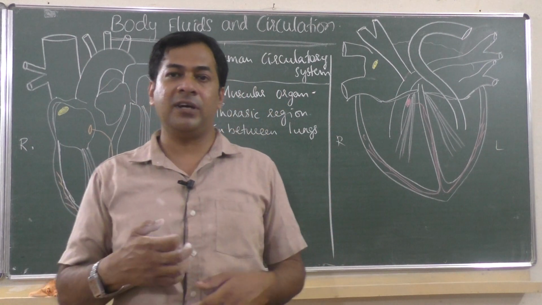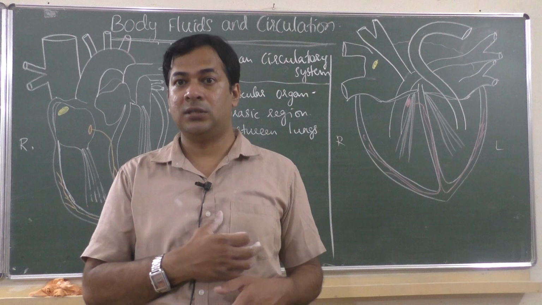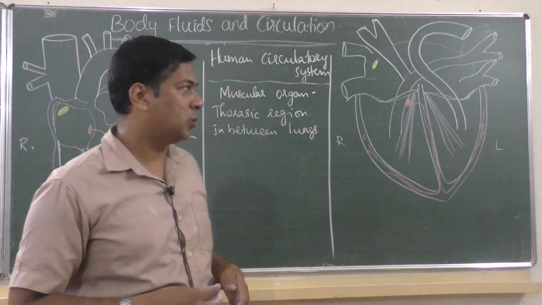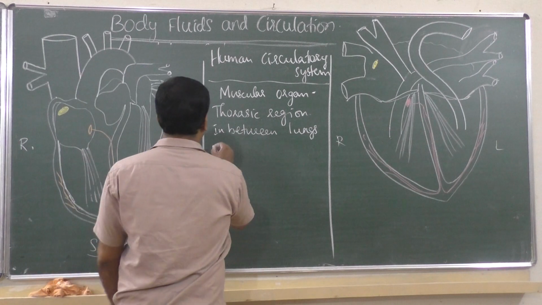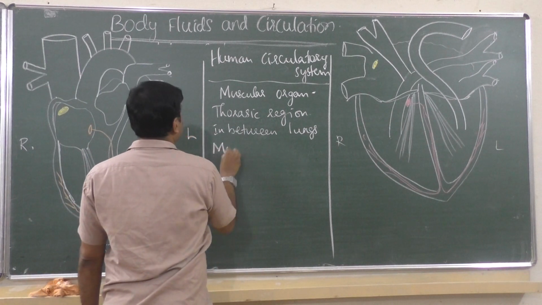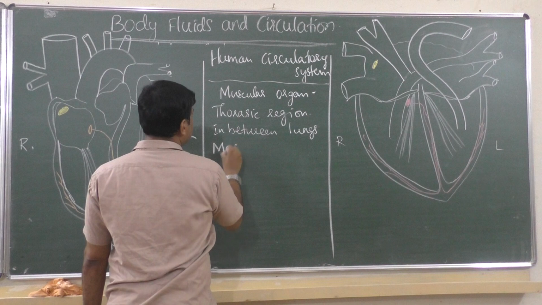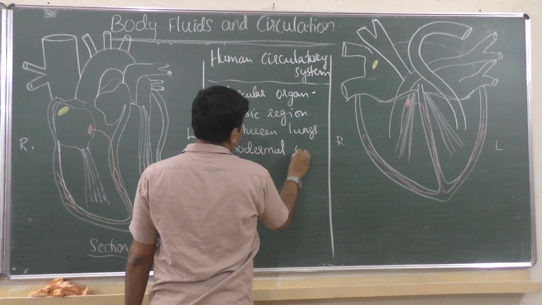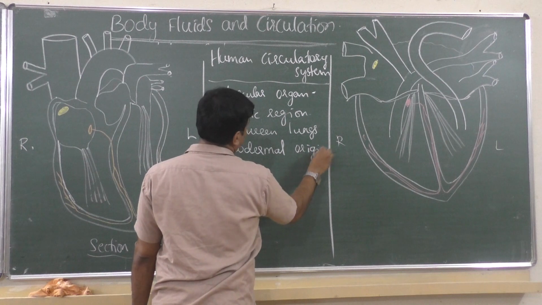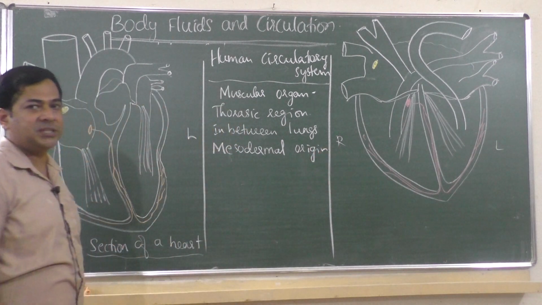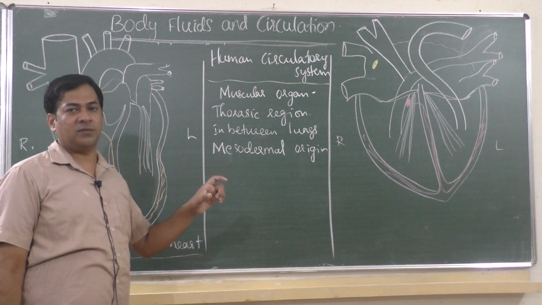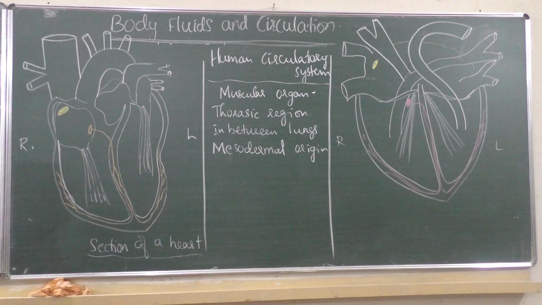Then in between that, wherever organs are there, blood is there, that is called mesoderm. So heart is produced by mesoderm, so it is called mesodermal in origin. That means the middle layer of the cells produces heart.